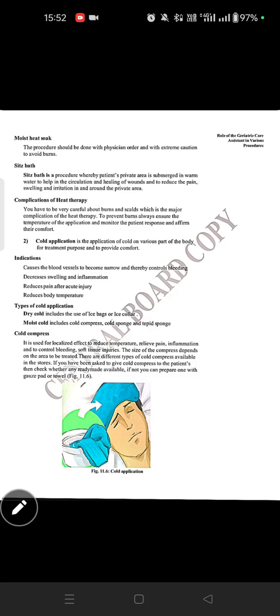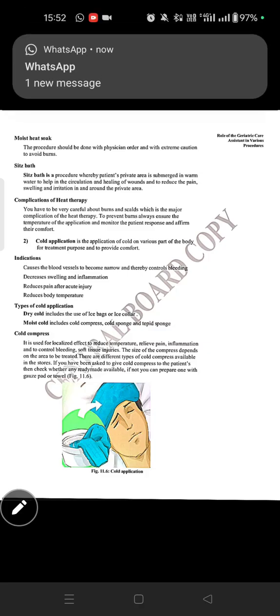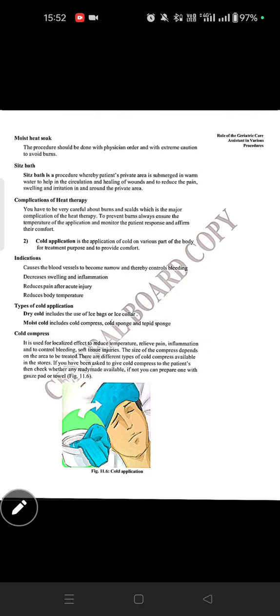Then we can go for the cold application. Mainly cold application is given for fever, otherwise for any bleeding, swelling or small injuries. Cold application has dry cold and moist cold. First we have the cold compress.